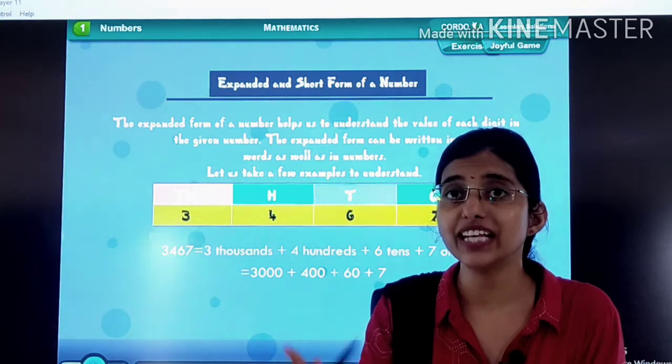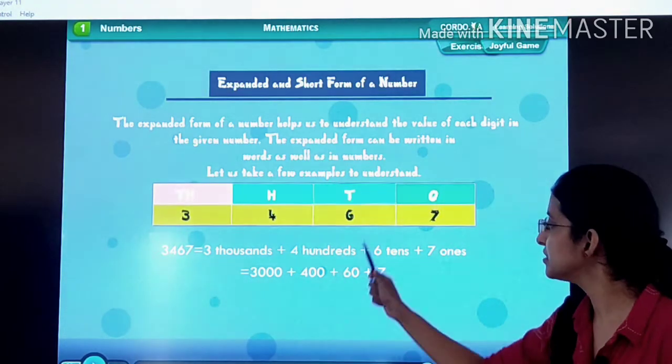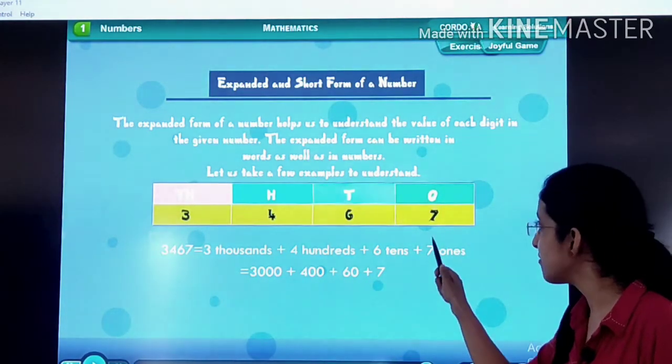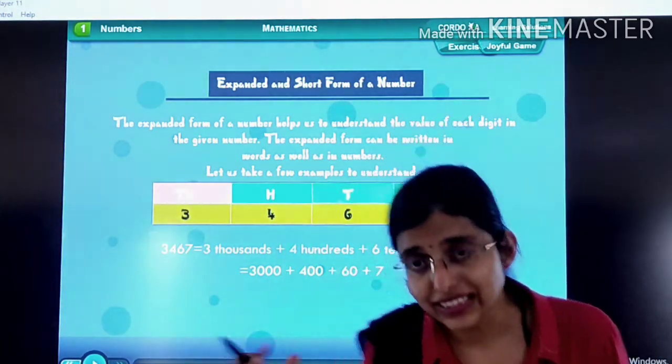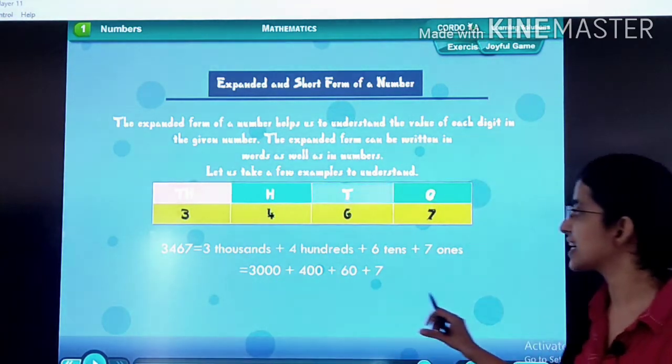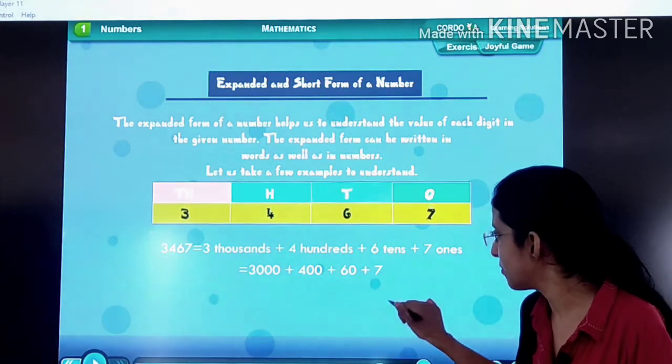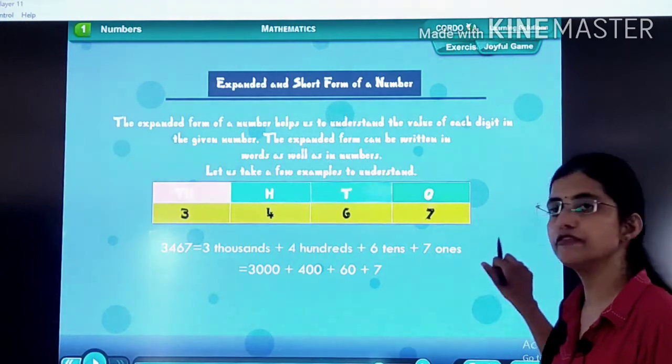So 6 into 10, that is 60. Plus 7 is present at ones place. So 7 into 1, 7. So here we get the expanded form in numbers, and before, the expanded form in words.